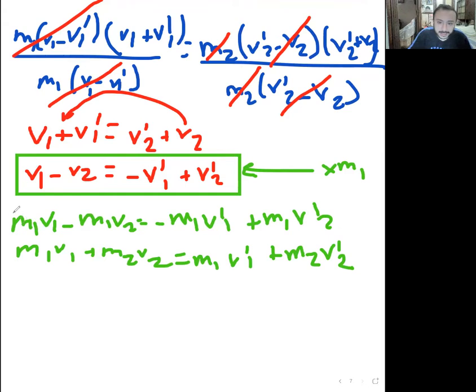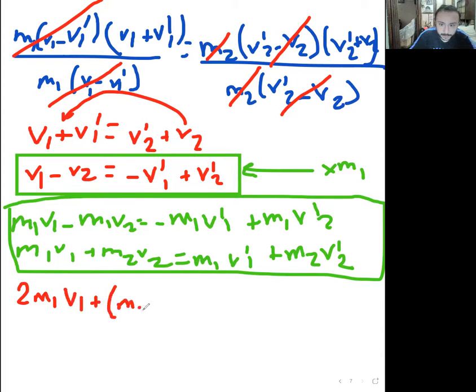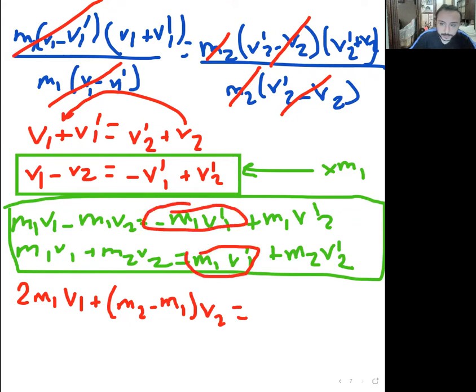So if I add these two equations together, I just add the first equation to the other. I get 2 m1 v1 plus m2 minus m1 v2 equals, this and this are gone, okay? Because you have m1 v prime 1 minus m1 v prime 1.